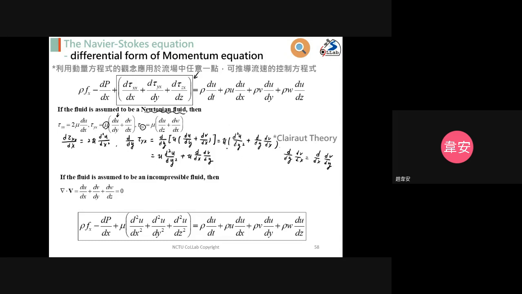Okay, and then we can also know that the third part, the τzx term, you can write to be μ ∂²u/∂z² plus μ, because this is ∂/∂z and there is ∂u/∂z and ∂w/∂x, so we can rewrite it to ∂/∂x, but the final item here is ∂w/∂z.